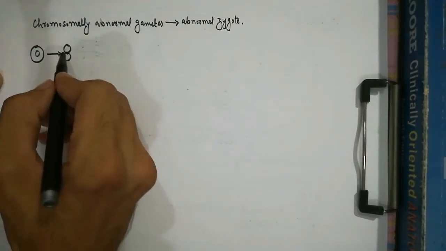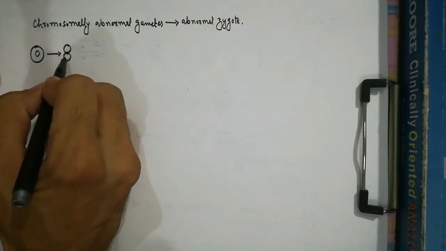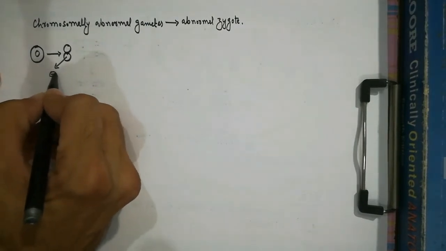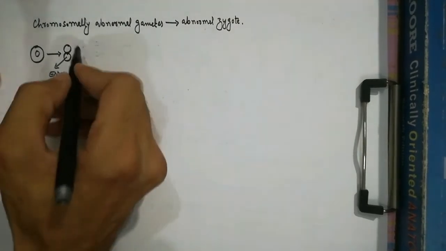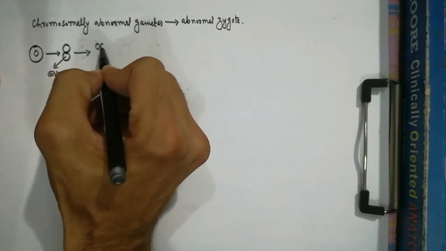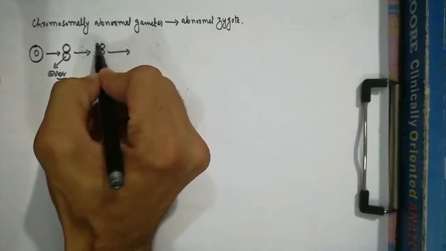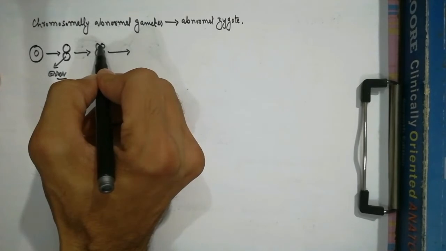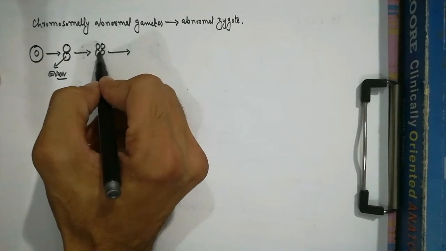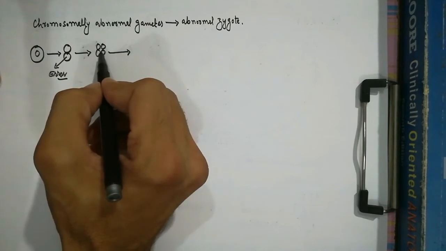And now suppose in this one cell an error occurred. When these cells divide, the daughter cells produced from this normal cell will be normal, and cells which are produced by division of this abnormal cell will be abnormal.